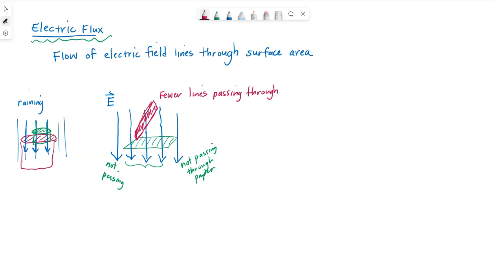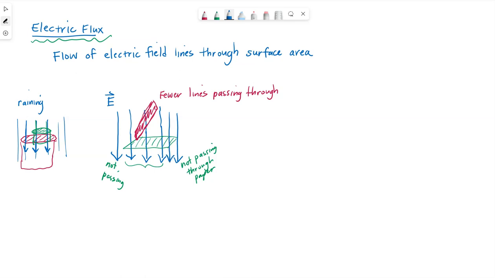So the electric flux does depend upon the strength of the electric field. If you remember the way we draw our electric field lines, how the spacing between them is representative of how strong the electric field is. Here, I tried to draw my lines representing the electric field uniformly spaced so that it would be a uniform electric field.